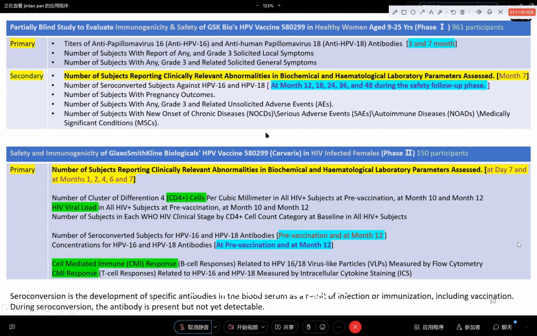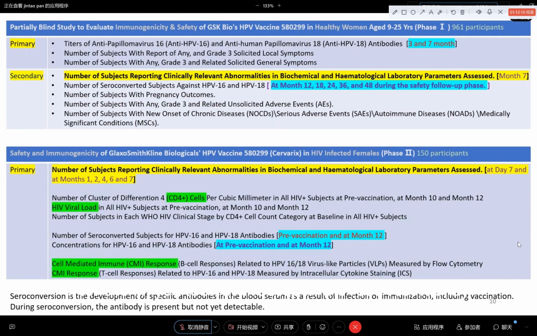Okay, so number of subjects with any grade 3 and related solicited general symptoms. So if you notice, number one is basically telling you what sort of antibody titer you're generating. That in a sense is really efficacy. And then number 2 and number 3 is basically safety, to see whether there is any solicited local or general symptoms, which means whether there are any adverse effects or not.